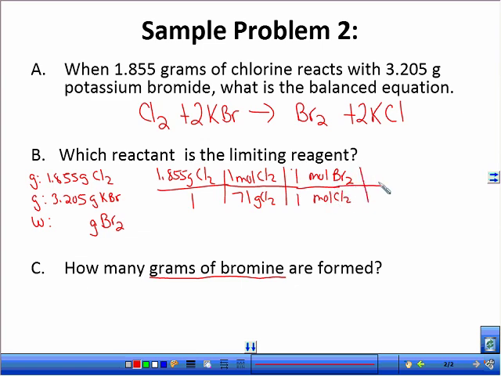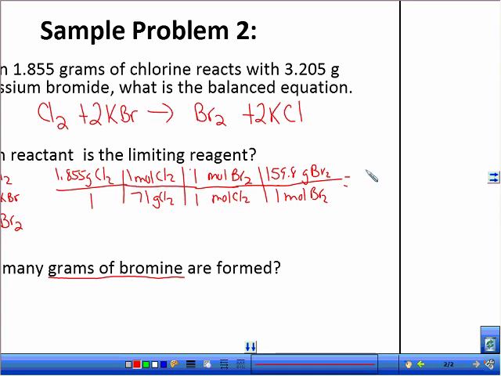We're going to take it all the way to grams, and this is 159.8 grams of bromine, 1 mole of bromine. If you multiply that out, you get 4.175. Got 4 sig digs in this particular problem, so that's why I'm taking it out to 4. Okay, so there's that one.